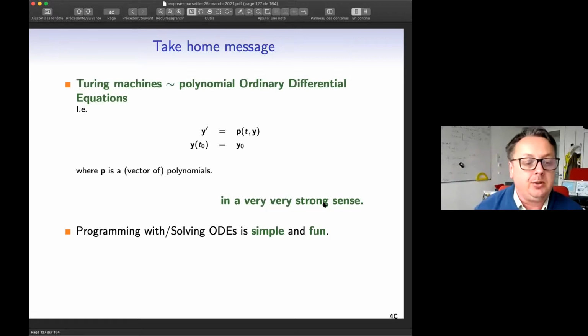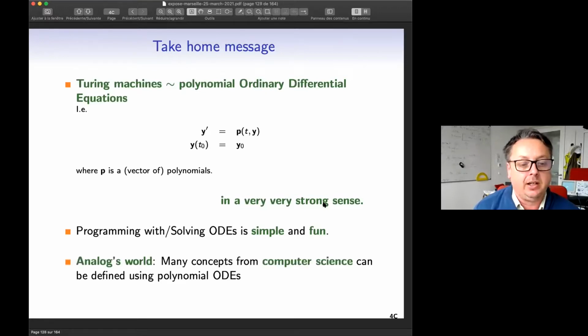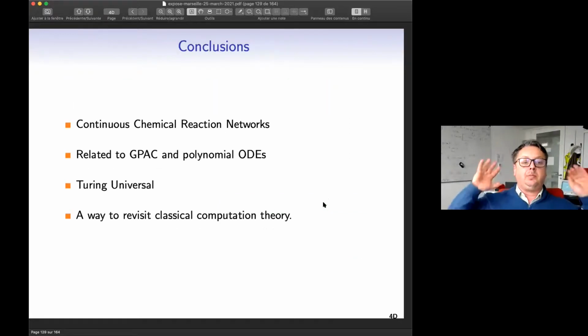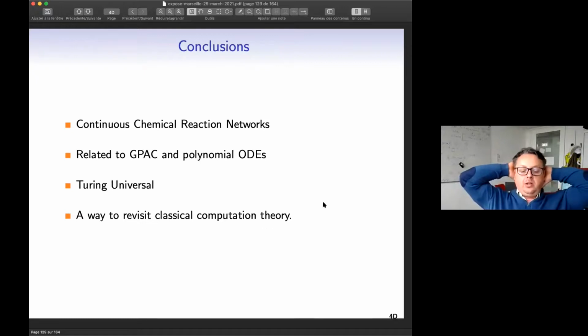And the other message is that programming with ordinary differential equation is simple and fun and an unexpected way to program. And another message is that many concepts from computer science can be defined using polynomial ordinary differential equation. So I stop here. Thank you.